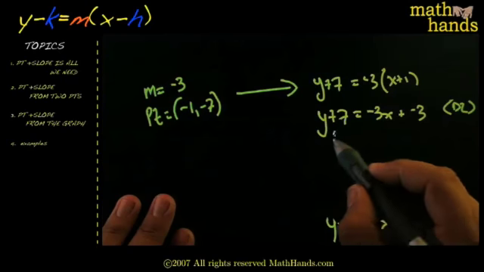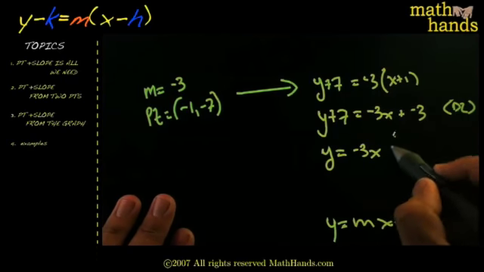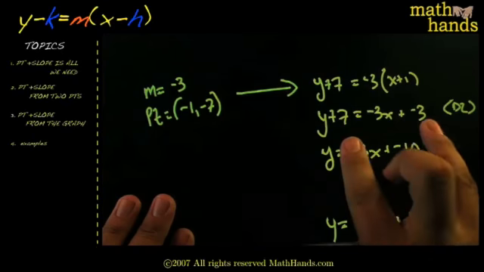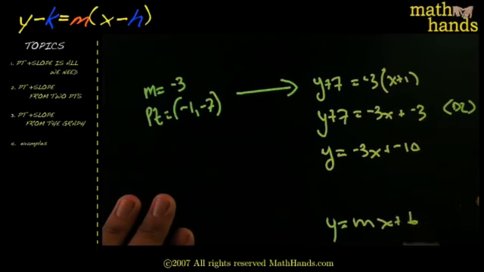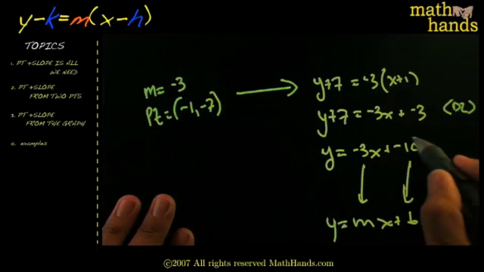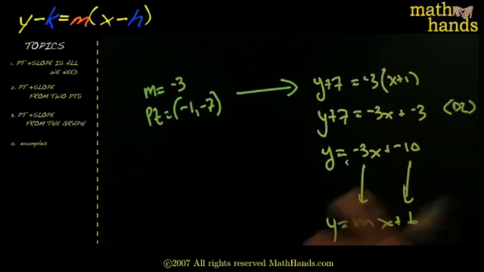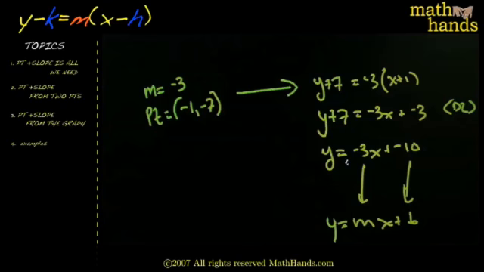And then I'll add a -7 to both sides. That will give me y is equal to -3x plus -10 by subtracting the 7 from both sides. And there it is. That's my mx plus b form. The y-intercept is -10 and the slope is -3. Okay? That was just for a little extra fun to go from point slope form to the slope y-intercept form.